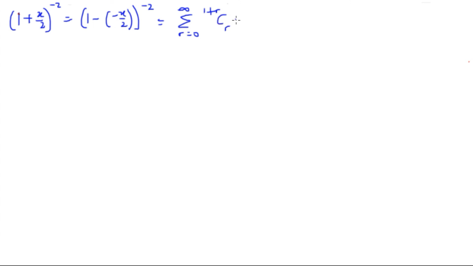Combination r, then b, that's supposed to be minus x upon 2 raised to power r. And of course, it's the same thing as r equal to 0, 1 plus r combination 1, and then x over 2 raised to power r, and of course minus 1 raised to power r.